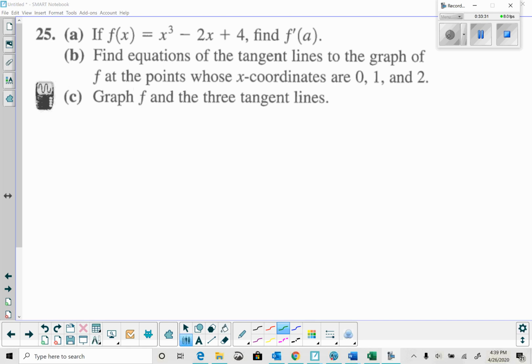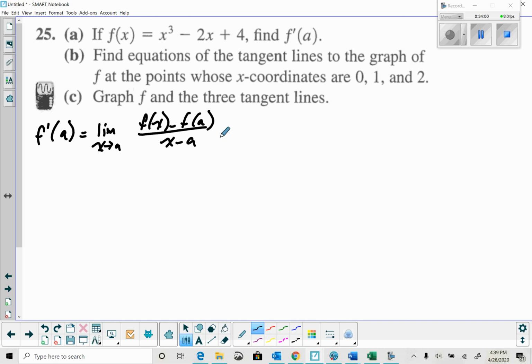25, for the first part of it there, is just what we did with 21 and 23. If f of x is equal to x cubed minus 2x plus 4, find f prime of a. So f prime of a will be the limit as x approaches a of f of x minus f of a all divided by x minus a.